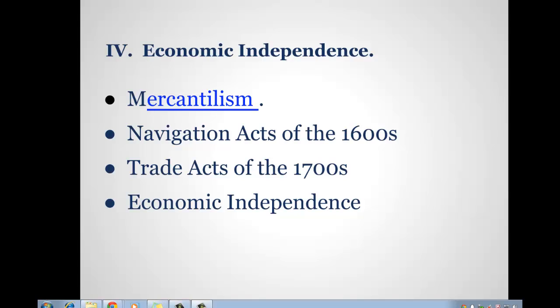So to enforce mercantilism, you first had a series of acts described as the Navigation Acts of the 1600s. Basically all these different acts stipulated is that if you're going to trade as a colonist, you have to trade with British ships, right?